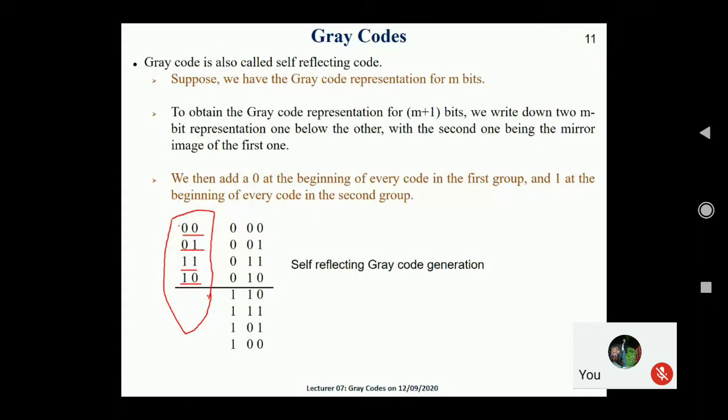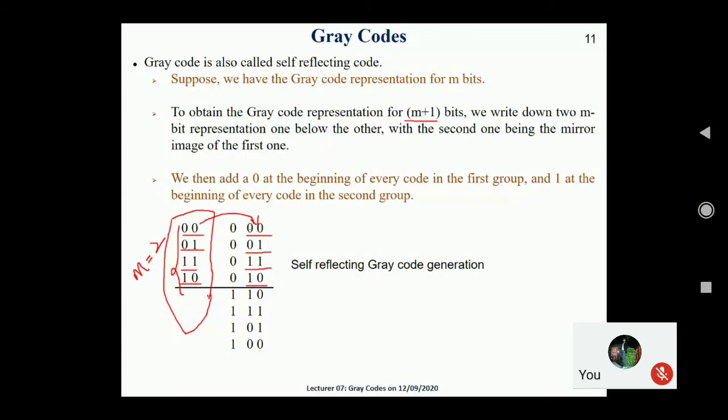And this we are considering as m bits, so here m equals 2. Now, if you are interested to construct the m plus 1 bits, the same thing we are repeating: 0 0 here, 0 1 here, 1 1 here, and 1 0. We just copy this one to this one.